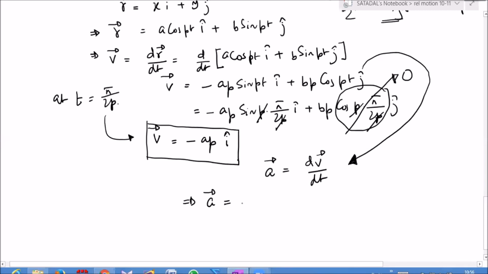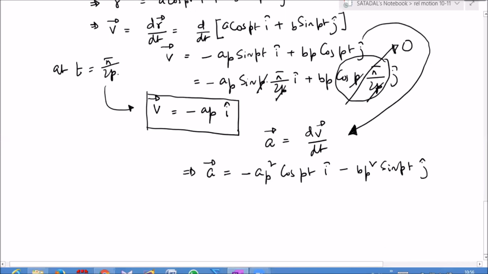It is going to give minus ap square cos pt i cap minus bp square sin pt j cap. Similar things again, but before that I will take one thing out, minus p square into a cos pt i cap plus b sin pt j cap.